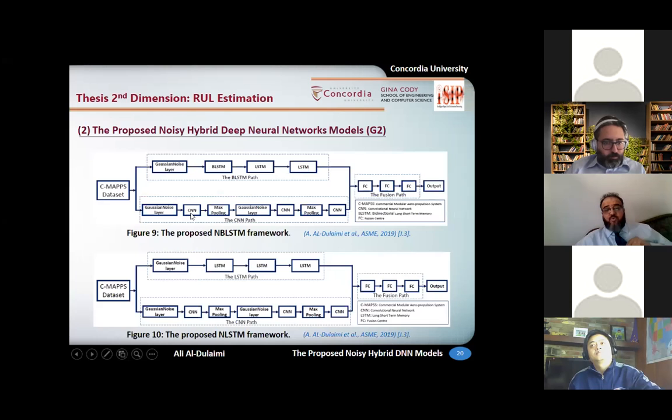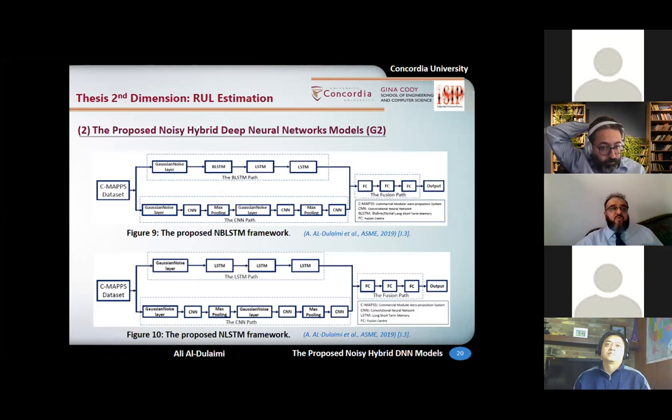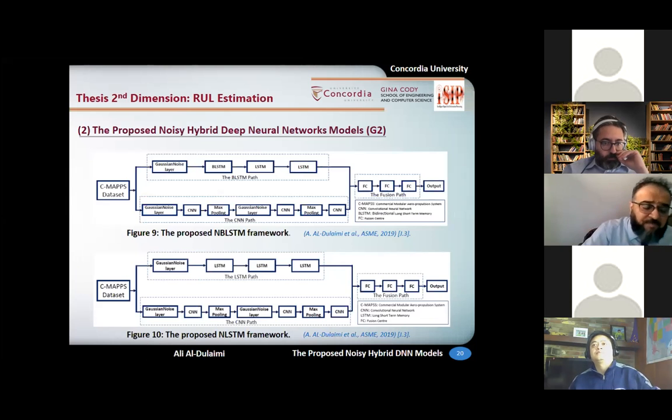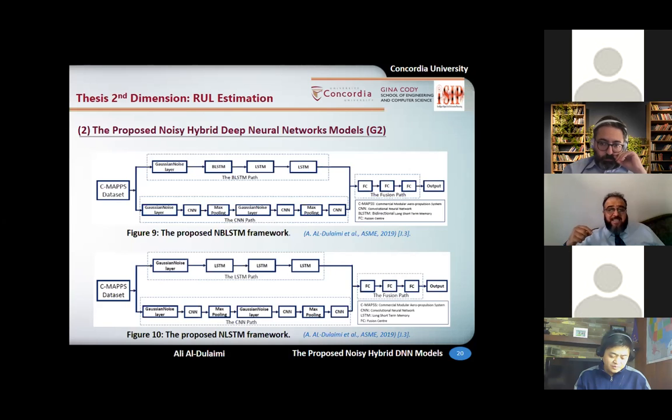The second group of the proposed models is the proposed noisy hybrid deep neural networks. In this part, the main target was to improve the robustness and the generalization of the behavior of the first proposed group of models. To do that, we need to improve the learning capability, and we can do that by improving the training stage.